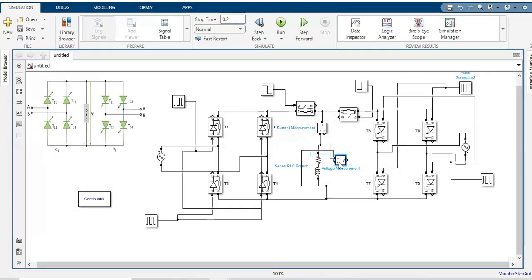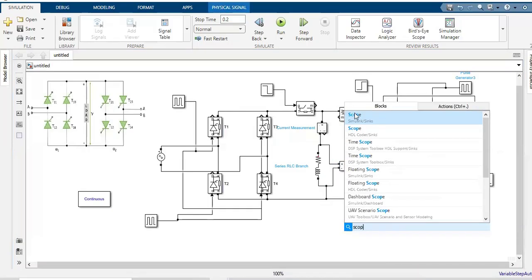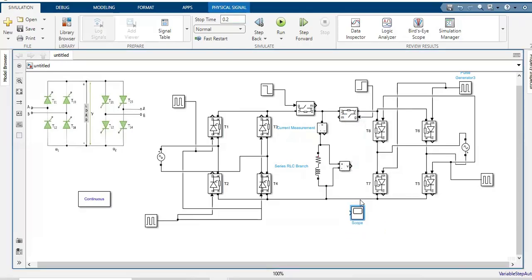Then to see the waveforms, we can have a scope. So we'll be connecting the load voltage and load current to the scope.